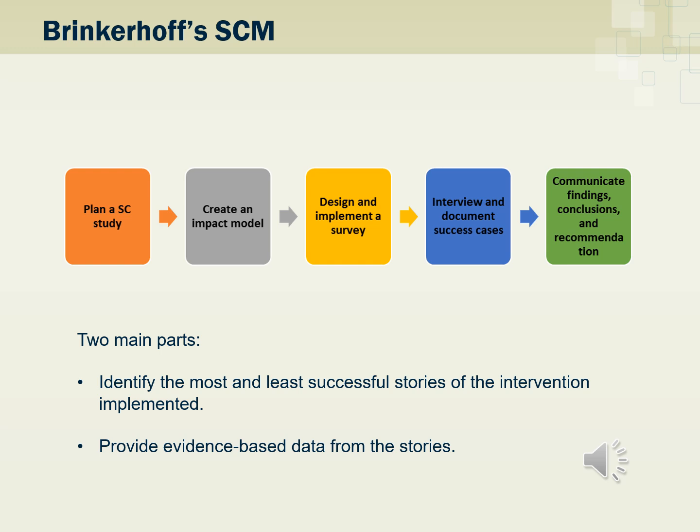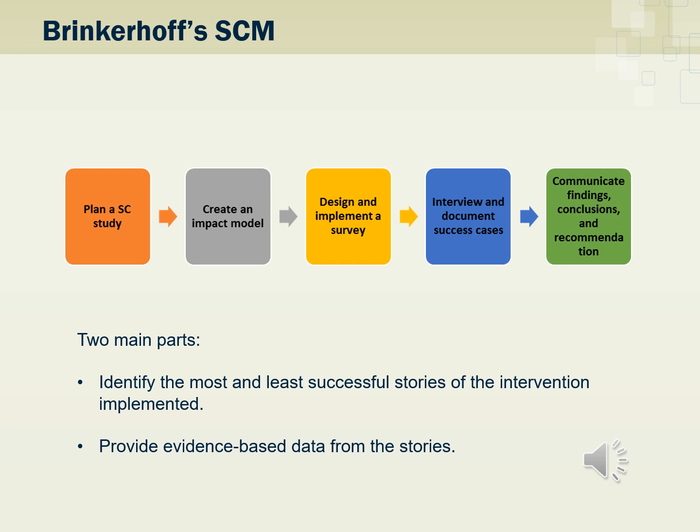Here is a simple breakdown of the five steps involved in an SCM study. First, plan the study. The evaluator creates a clear strategy for gathering useful information, and defines success with an impact model. This is the second step.